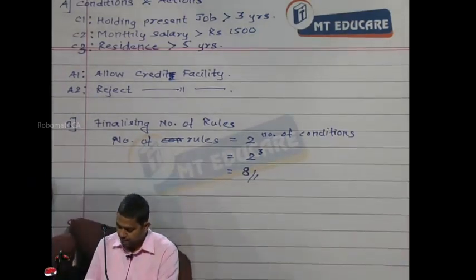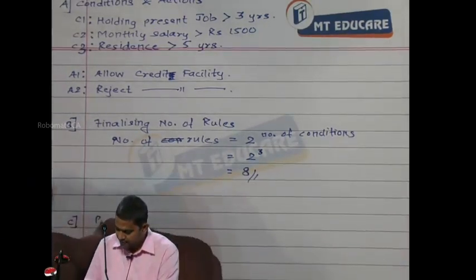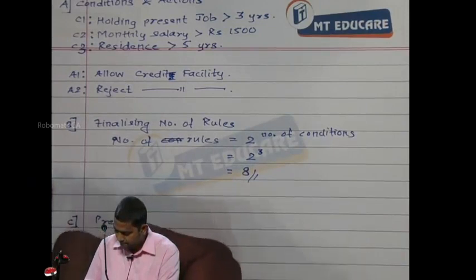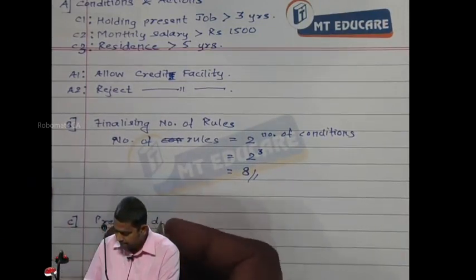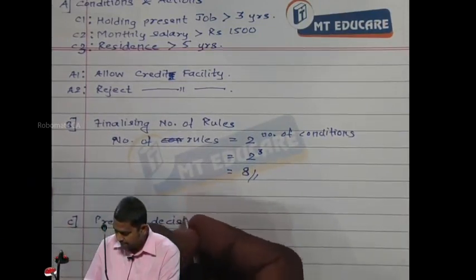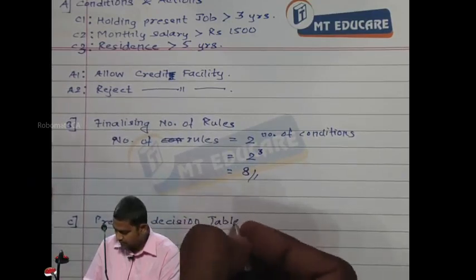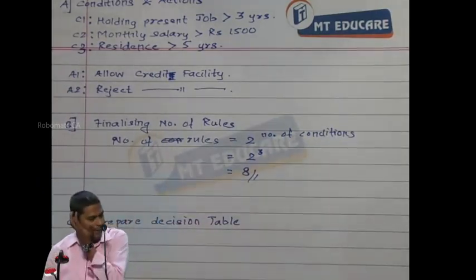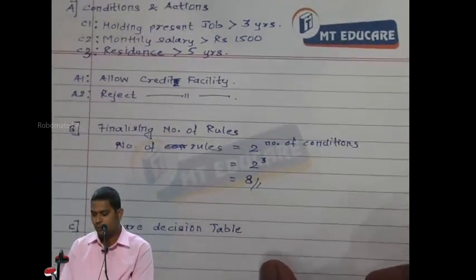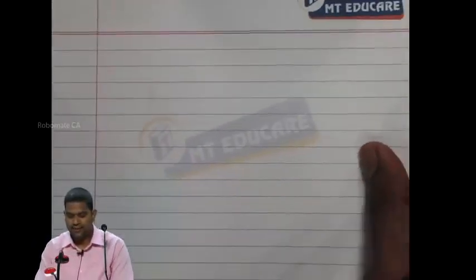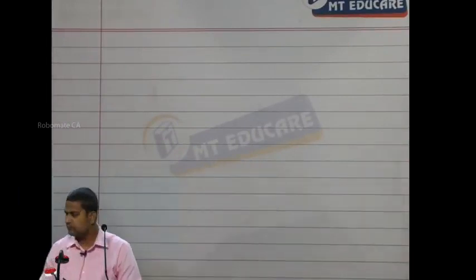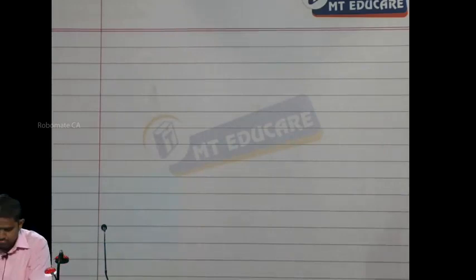Step C is prepare decision table. Third step is prepare decision table. It is quite obvious, it cannot be fitted over here. So now I am preparing a decision table.